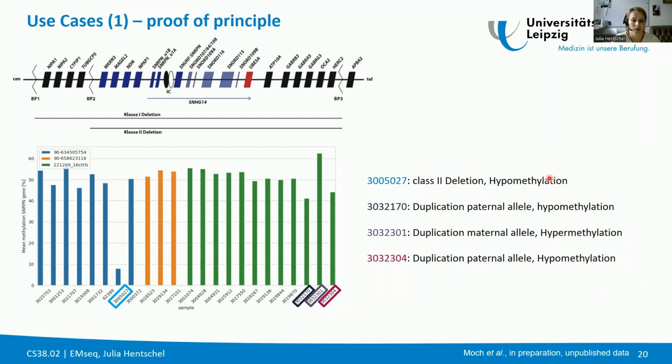This is a classical Angelman syndrome with a class 2 deletion, leads to an loss of the maternal copy, which leads to a hypomethylation, which we can nicely reproduce with the EM-seq technique. And we have also some duplications of paternal and maternal alleles, which also lead to hypo or hypermethylation, which we can confirm with that method. So proof of principle, check.